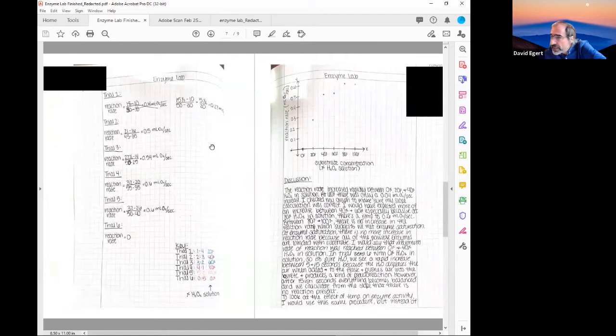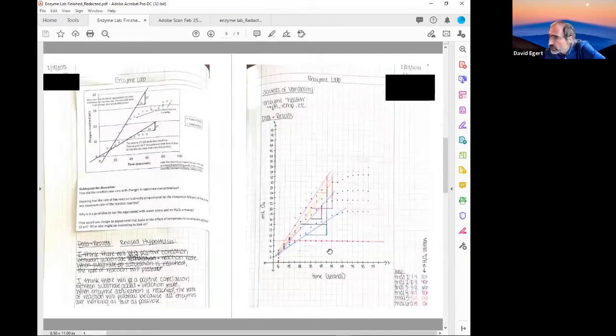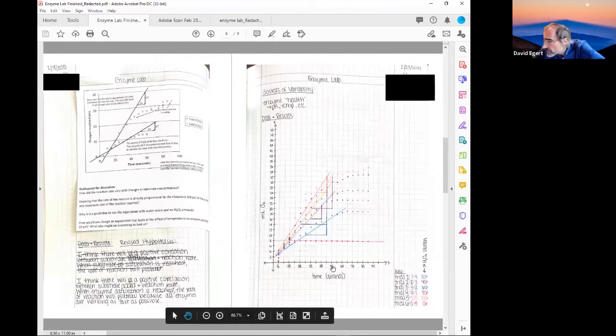Yeah, but their calculations look all right, right? So we take a look here, and for trial 1 they said 50 was 15 and a half, 30 was 10 and a half. If we go over here at their lines at 50... actually, we don't.